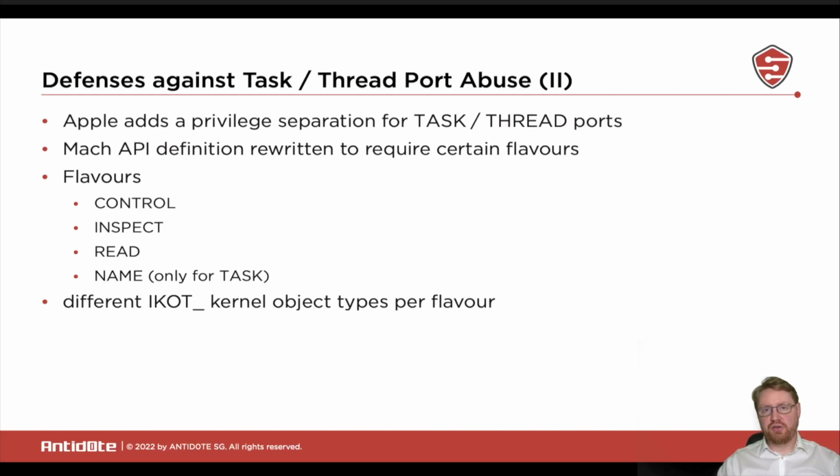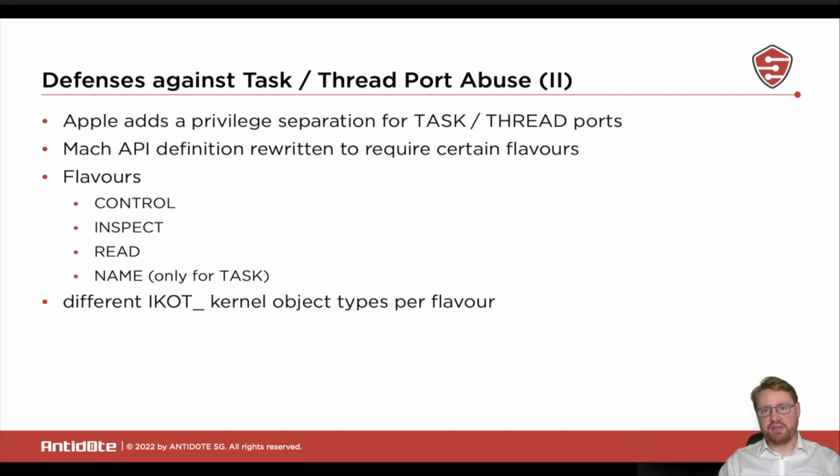So they did this internally by creating new types of kernel objects, new defines for IKOT. Basically the IPC kernel object type, and we have there basically an IKOT task control, IKOT task inspect, IKOT task read, IKOT task name, and then IKOT thread control, IKOT thread inspect, IKOT thread read.